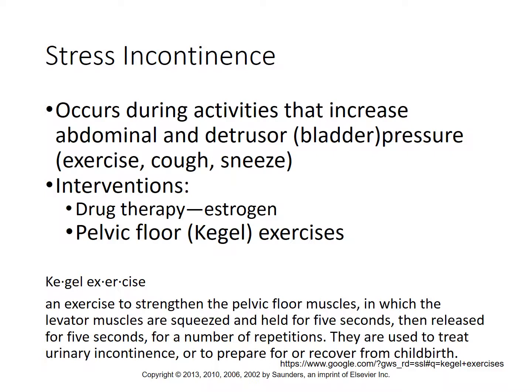Kegel exercises are made to strengthen the pelvic floor muscles. The client squeezes the muscles and holds it for 5 seconds and then releases it for 5 seconds, for a number of repetitions. They are used to treat urinary incontinence or to prepare for or recover from childbirth.